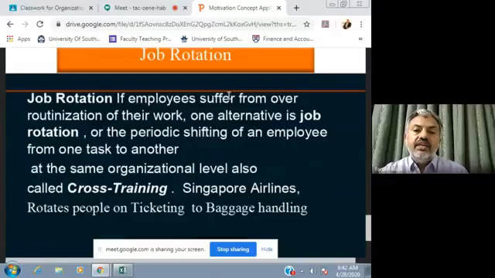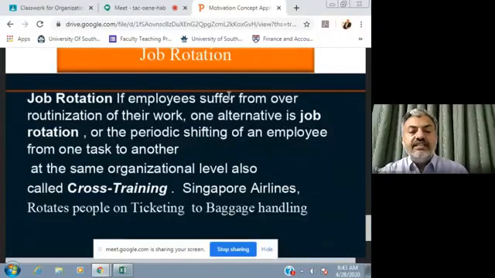Same organizational level means that if you are a supervisor, you will remain at the supervisor level. If you are a manager, then you will be given a task that different managers are performing. It cannot happen that a manager is converted into a supervisor or a worker, right? They will be given job rotation at the same organization level at which they are working.